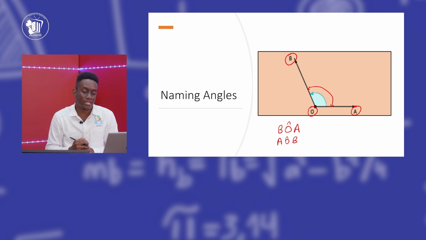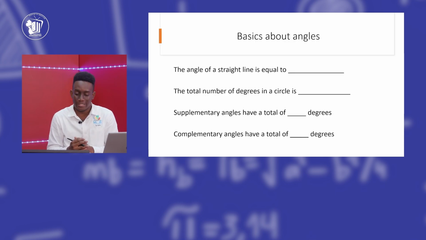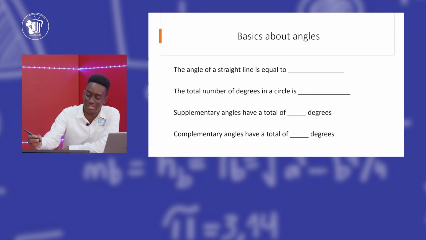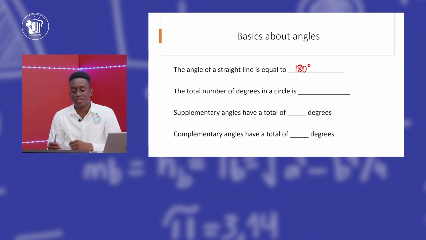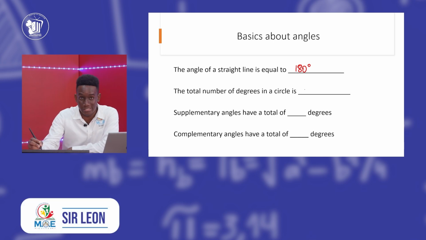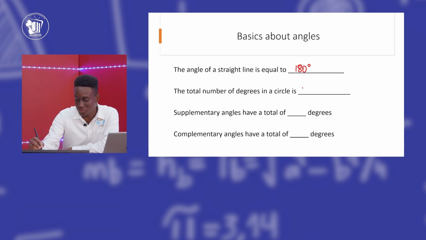So now let's look at some basics that we should remember about angles. First thing, the angle of a straight line is equal to, we know the answer to this is 180 degrees. The number of degrees in a circle is equal to, if you said 360, you're absolutely correct.